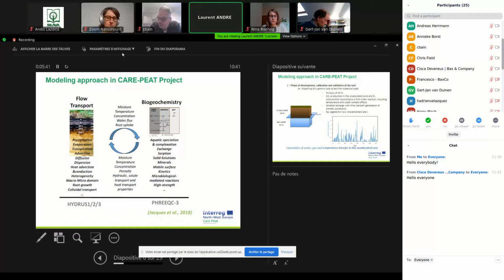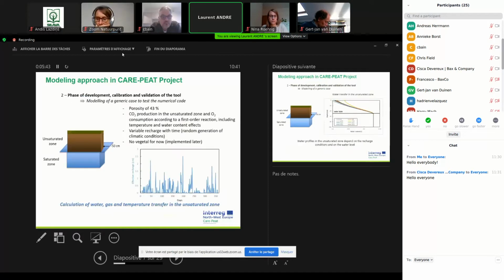This is just an introduction of the code, to show you what we can do with it, because it is a recently developed code and it has never been used, for example, for peatland systems. So we first tried this code on a generic case. Here you have a very simplified system with an unsaturated zone and a saturated zone.